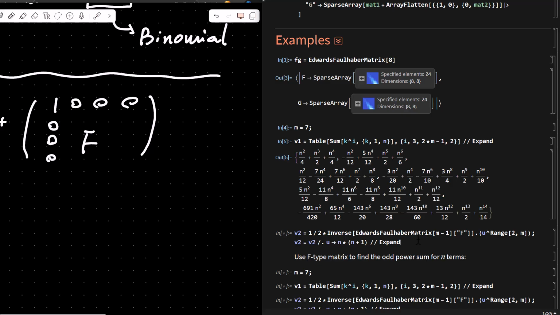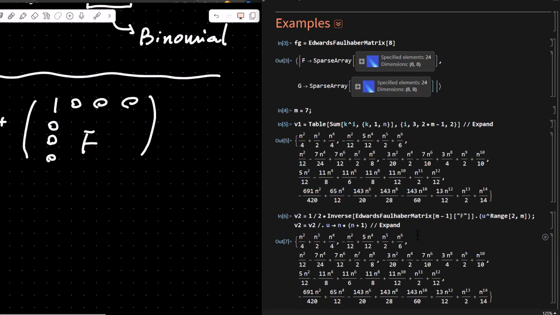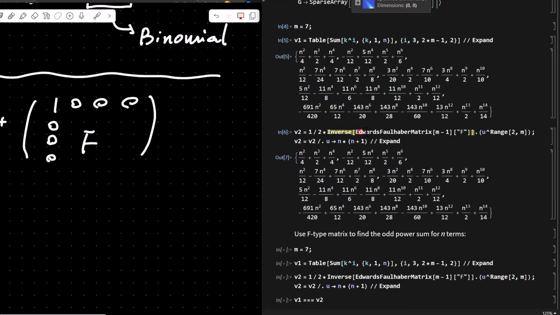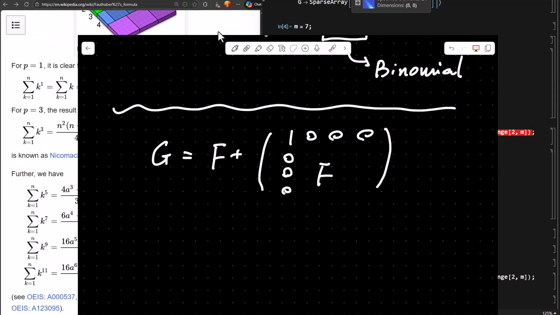Now let's replace that with the Edwards-Faulhaber matrix method. So recall that we have a matrix F times 1/2 and times a vector of u. So let's go back to our notes.